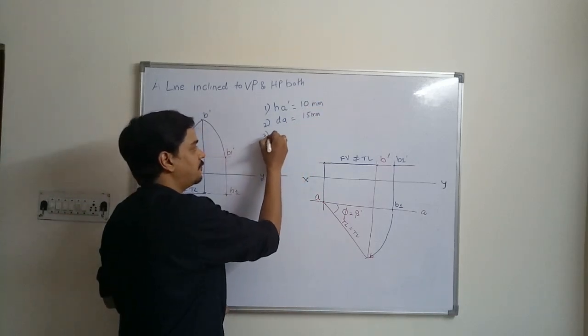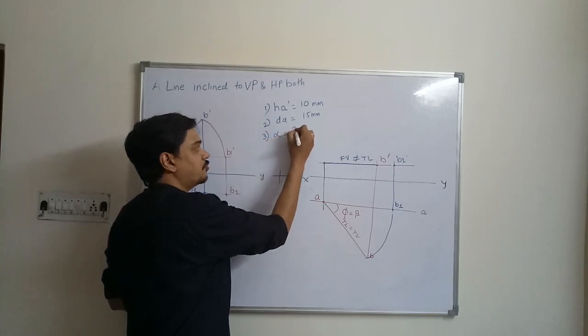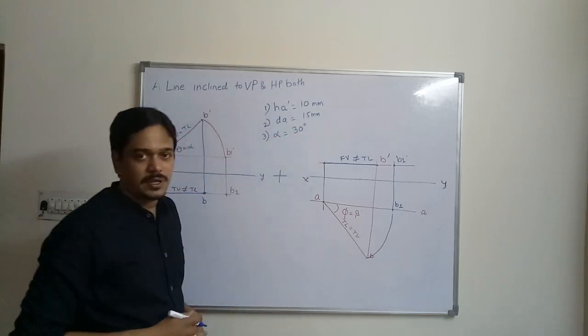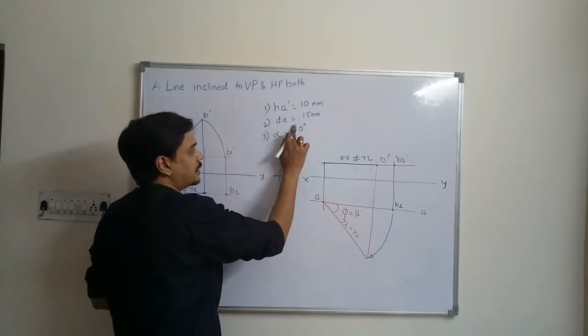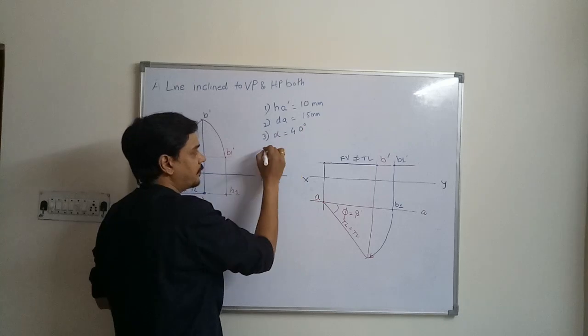Then the angle alpha is given to be, say, 30 degree. Let us take this as 40 degree.